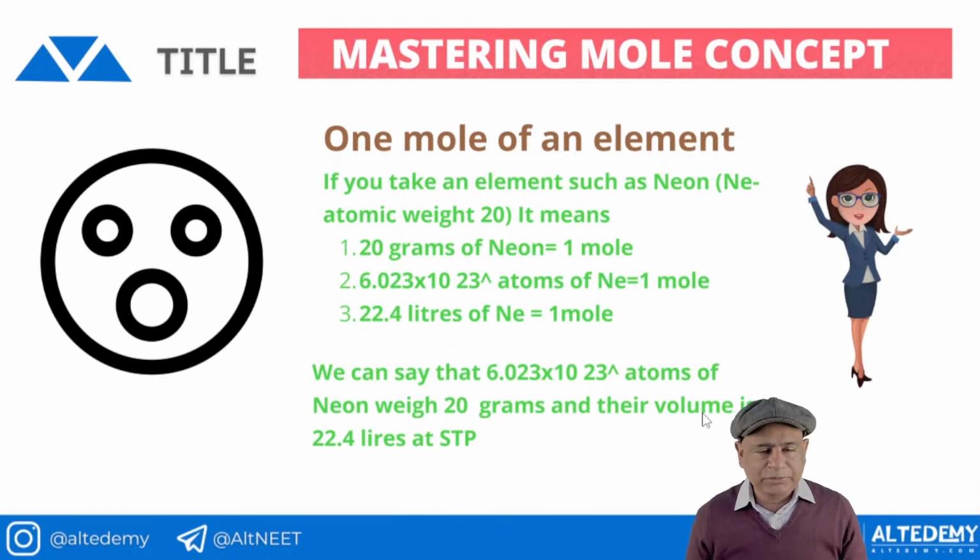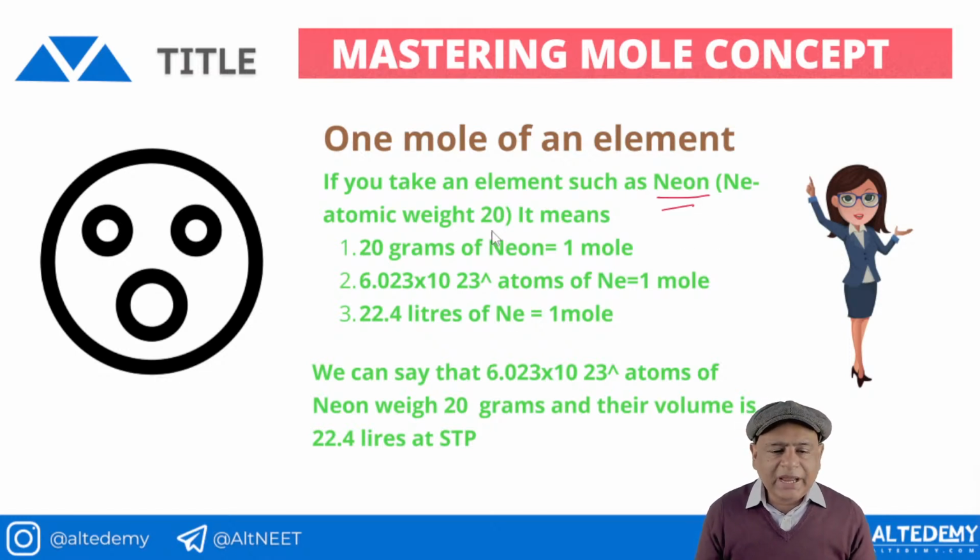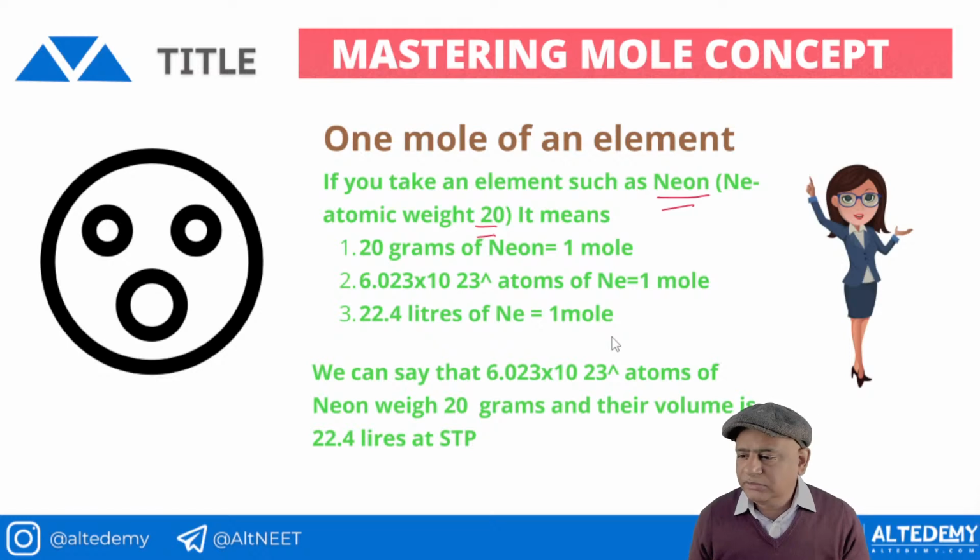I am taking another example to elaborate the matter. I am taking neon. As I told you, neon is one such element which is in the gaseous state. Among elements, noble gases or inert gases are those substances which are generally found in the gaseous state. So I have taken up neon, and the atomic weight of neon is 20. Now, what are the repercussions if we take it on the parameter of 1 mole?